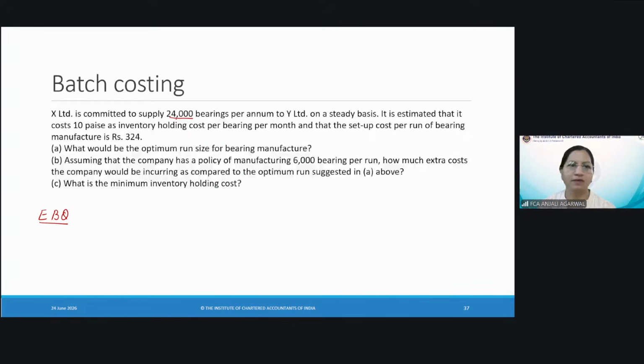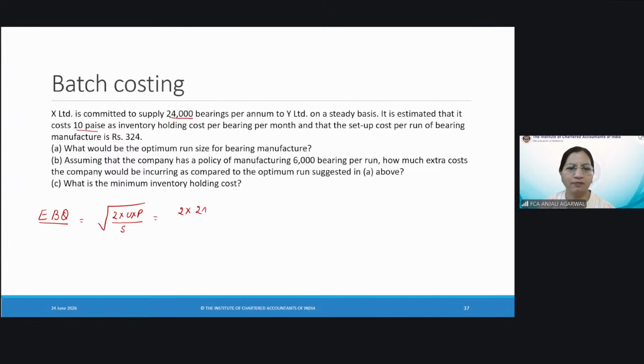So X Limited is committed to supply 24,000 bearings per annum to Y Limited on a steady basis. And it will take 10 paisa per inventory holding cost per bearing per month. So here again, this is given by the same formula, under root 2 into U into P, where P is production setup cost, and divide by S, the holding cost.